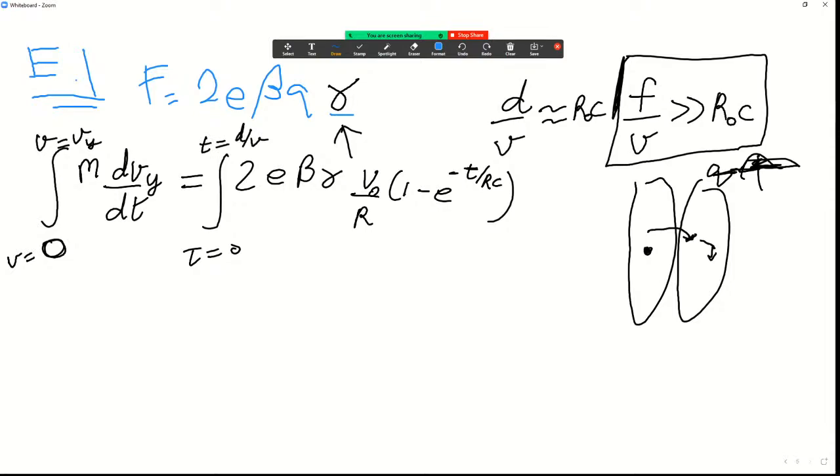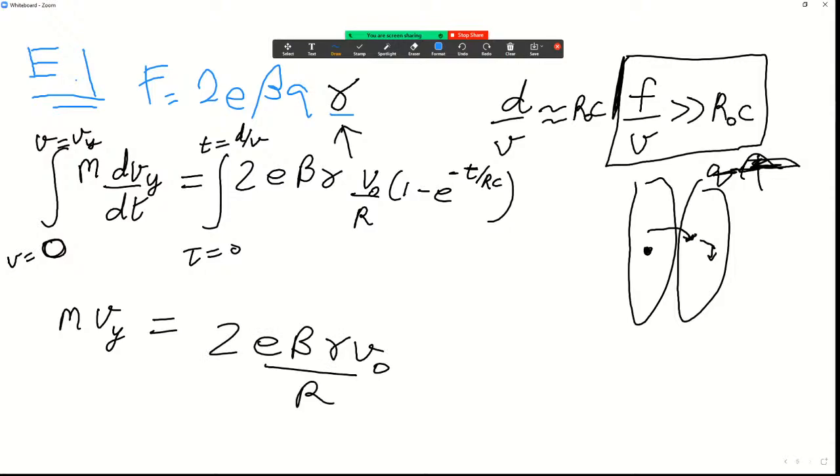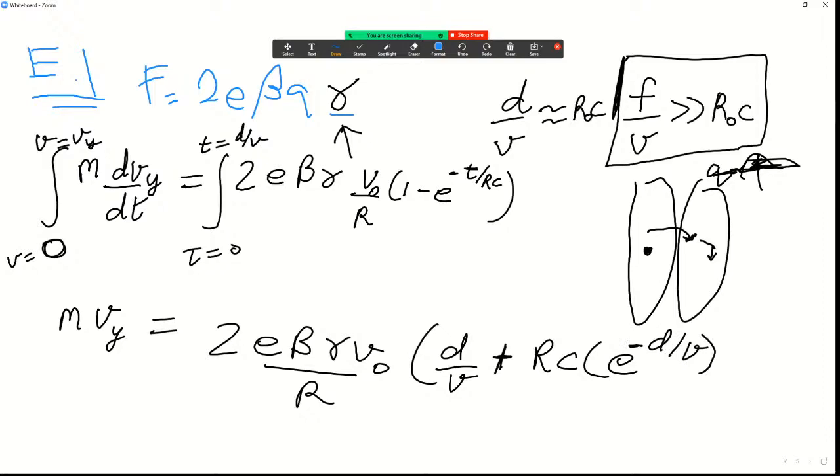After integration, we don't have the Vy term, so we can directly substitute Vy here. 2e beta r v naught by capital R constant. So integrating this we would get d over v plus rc times e to the power minus d by v, minus 1.